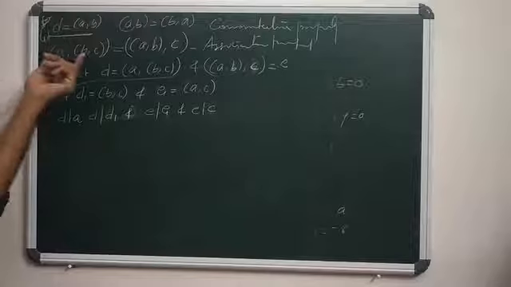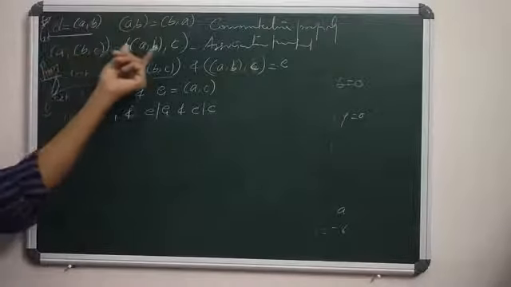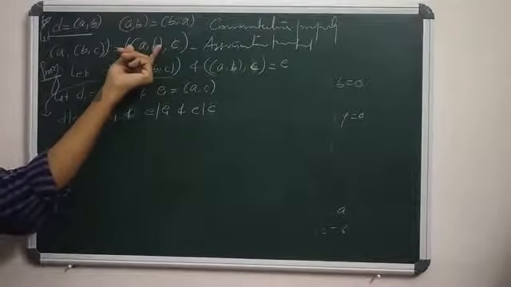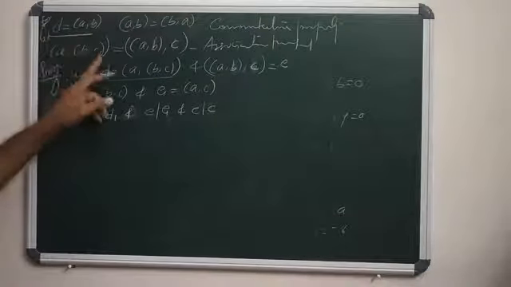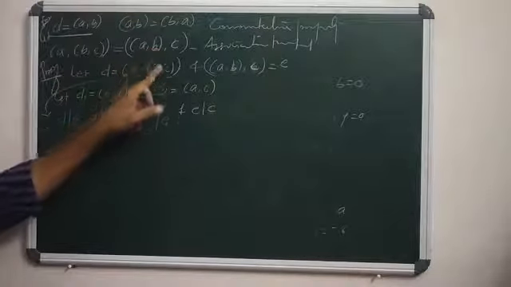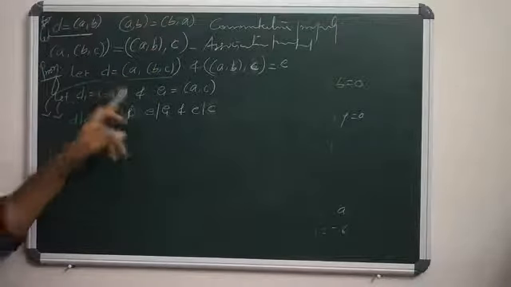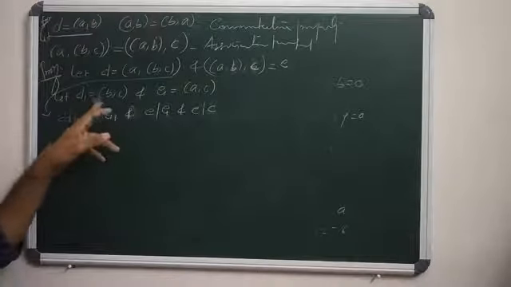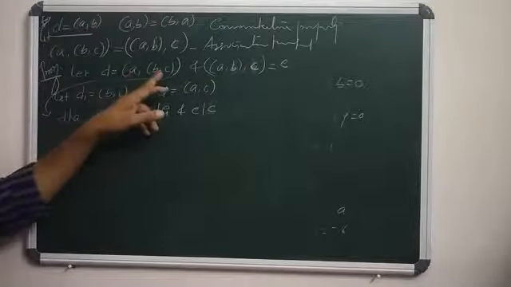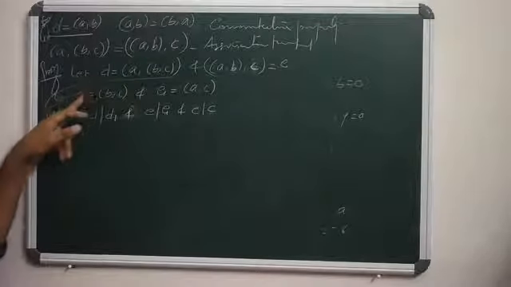So this is the associative property: the GCD of A and GCD of B and C is the same as the GCD of GCD of A and B, and C. D is the GCD of the first expression, E is the GCD of the second, D1 is the GCD of B and C, and E1 is the GCD of A and B. D divides A, and D divides the GCD of B and C, that is D1.